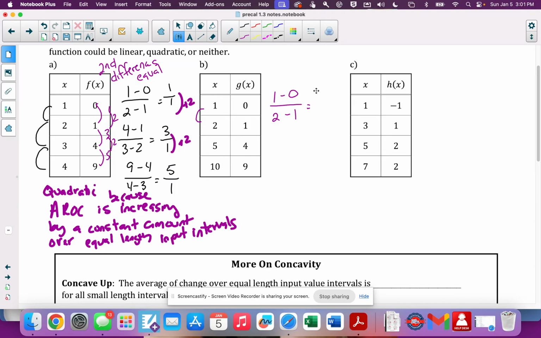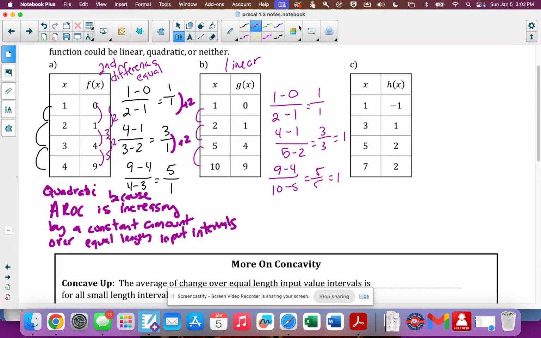Okay, so that's obviously going to be 1 over 1, no problem. Next 2 points. 4 minus 1 over 5 minus 2. That's 3 over 3, which is also 1. Now, I can't stop here and just say it's linear. I got to show all of them. So I do have to keep going for the next one. So 9 minus 4 over 10 minus 5 is 5 over 5, which is 1. So this is a linear.